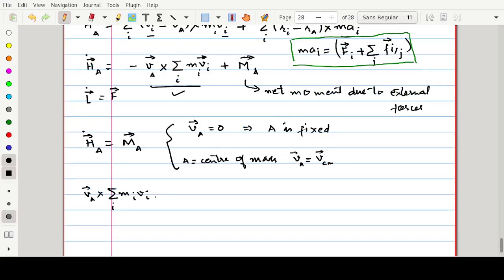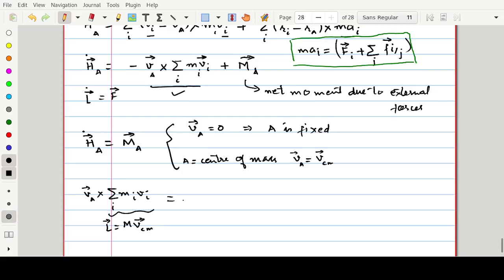I have talked about this in several videos, that this is basically mass into velocity of center of mass, because this is linear momentum. So this is total linear momentum L, and it is given by, we have already seen, m VCM.